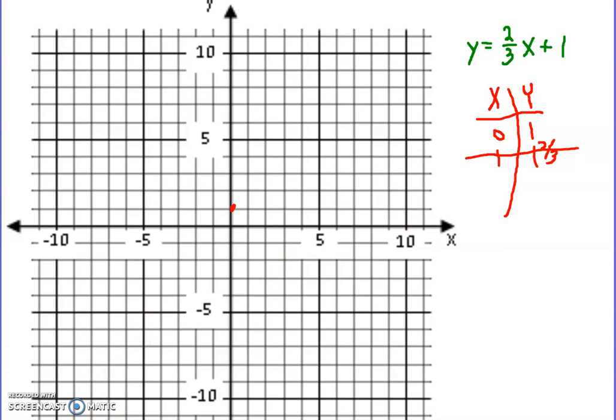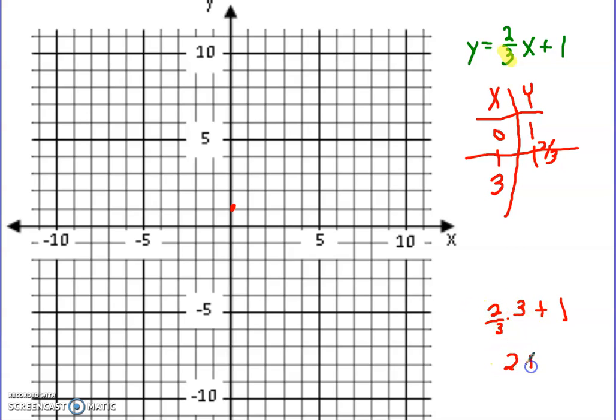One thing I want you to notice is the denominator. The denominator is a big clue of what numbers to plug in. So let's try 3. If I take 2/3 times 3, that gives us 6/3, which reduces to 2.